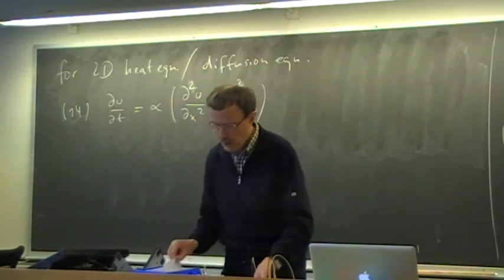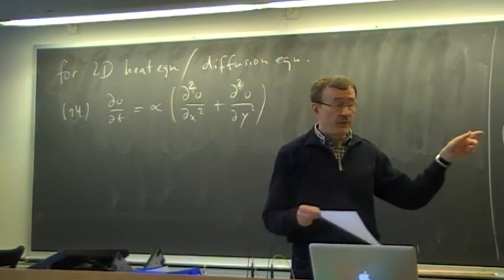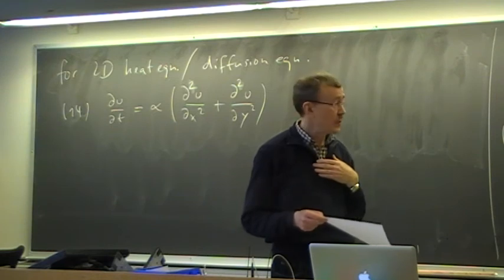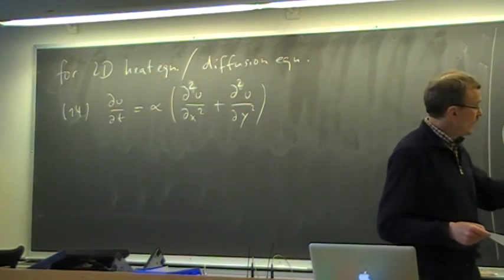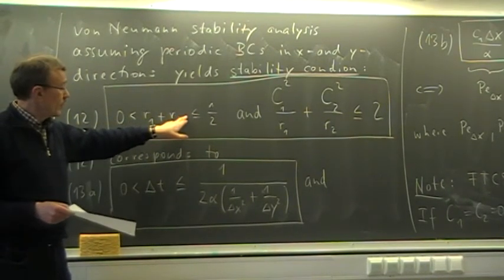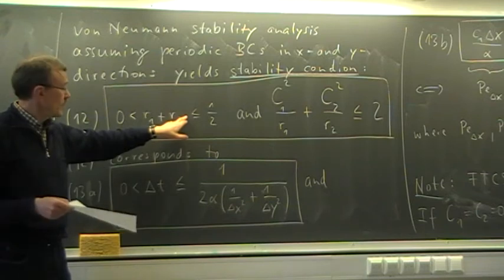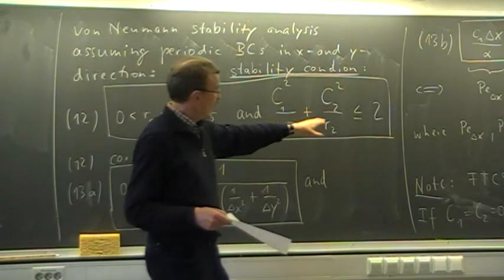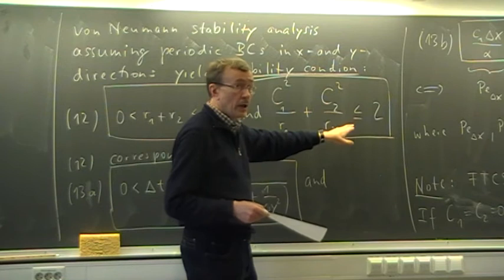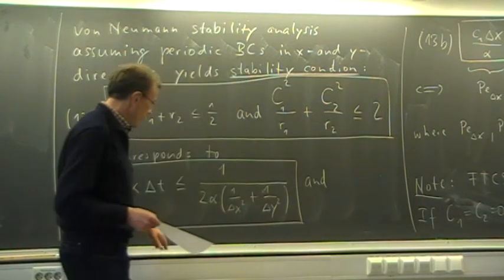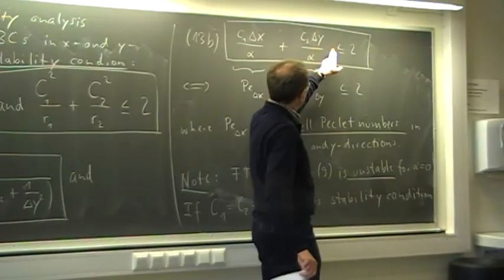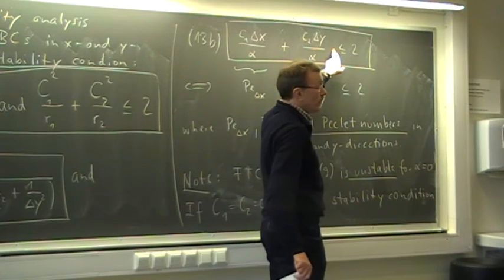And the stability conditions that we have here, we can easily extend that to higher dimensions, to 3 dimensions. If we have, for example, in 3D, we would have here to add a plus R3, defined with alpha delta t over delta z squared, and here we would have to add a C3 squared divided by R3. Correspondingly, we would have then here a 1 over delta z squared, and we would have here a C3 delta z over alpha.